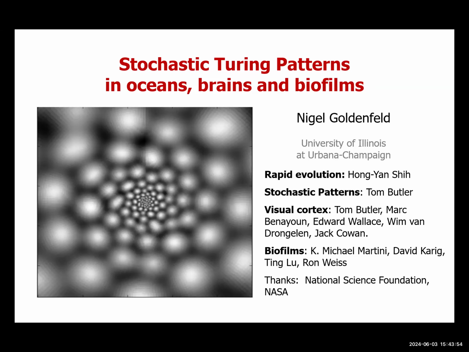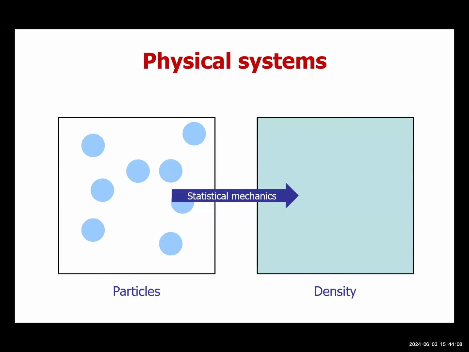And then we can create these patterns in a much wider range of circumstances, and we did it experimentally in biofilms with a synthetic biology group at MIT. So this lecture will be fairly low level, but you know, it should be fun.